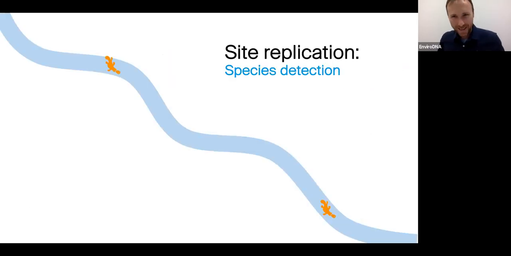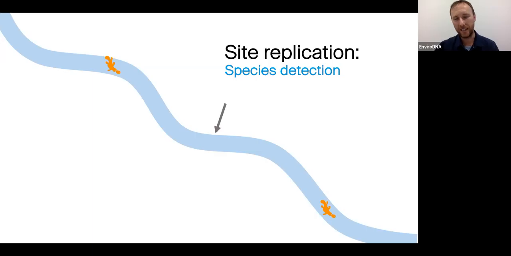So again, we're back to my river animations using platypus. I'll go back to the simple question I asked before: we want to understand whether platypus occur within this river system or river reach. If I go out and take a single sample at a single point, yes, there's a chance that I might detect them, but I'm most likely not going to. And we all know n=1 is to be avoided at all costs.